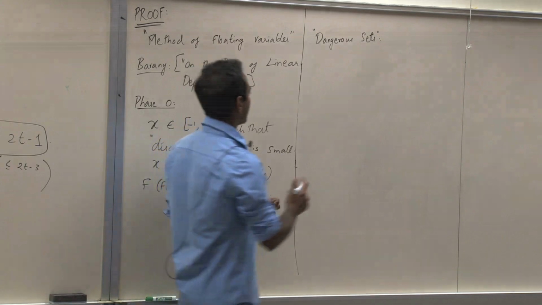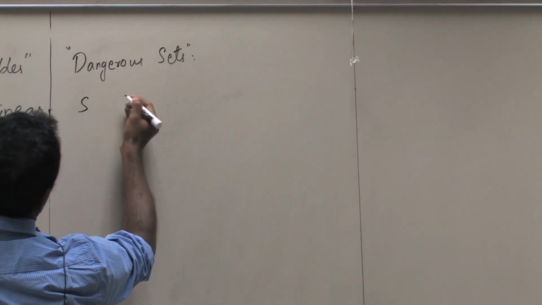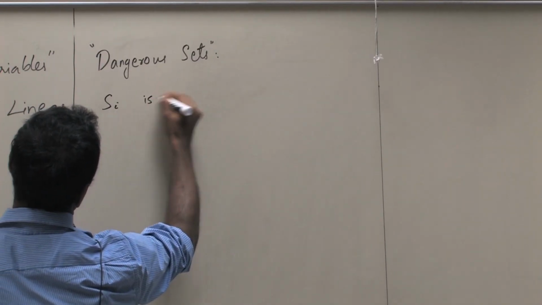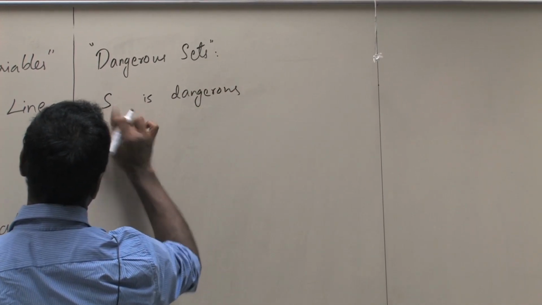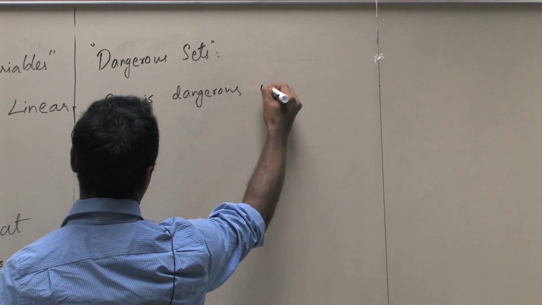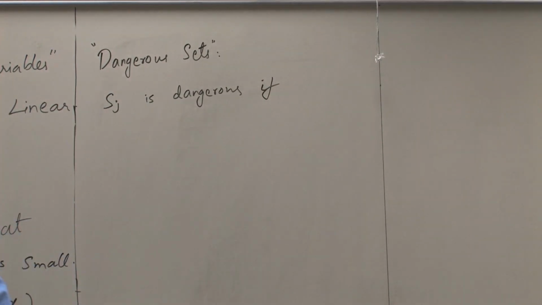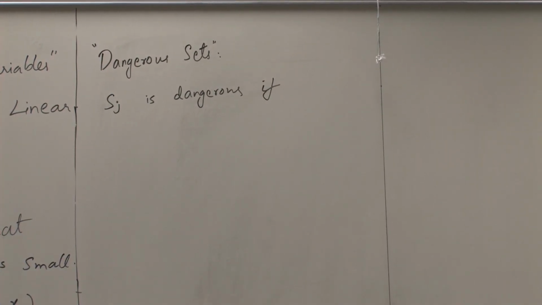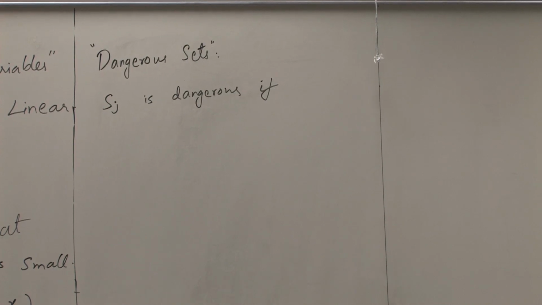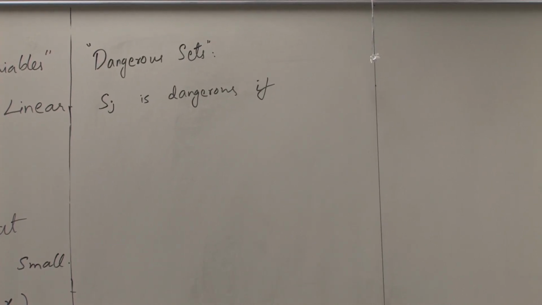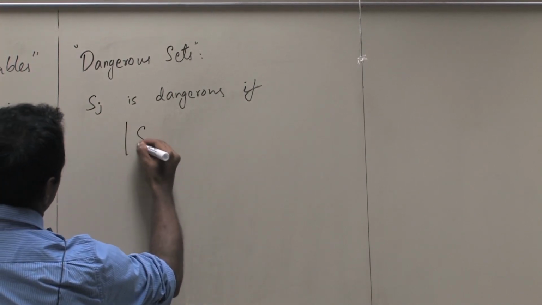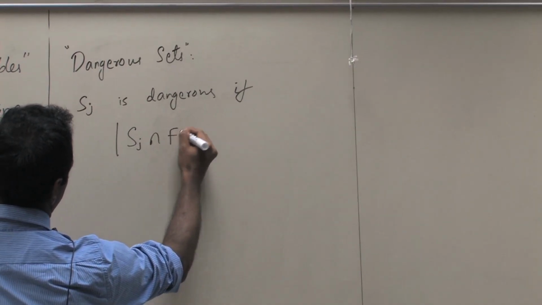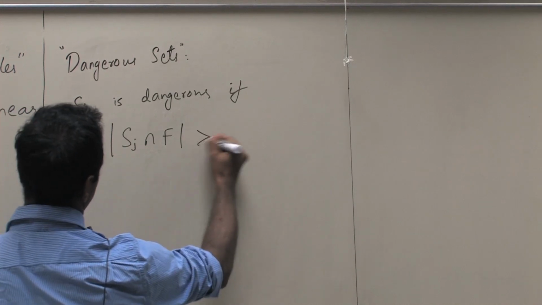Okay, so a set Sj is dangerous if, so you have your set system S1 through Sn, and we'll say a specific set in this collection is dangerous if the size of its intersection with f is greater than t.